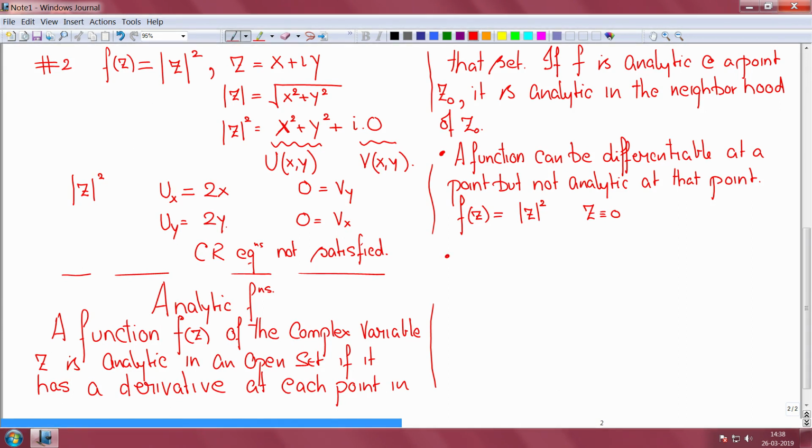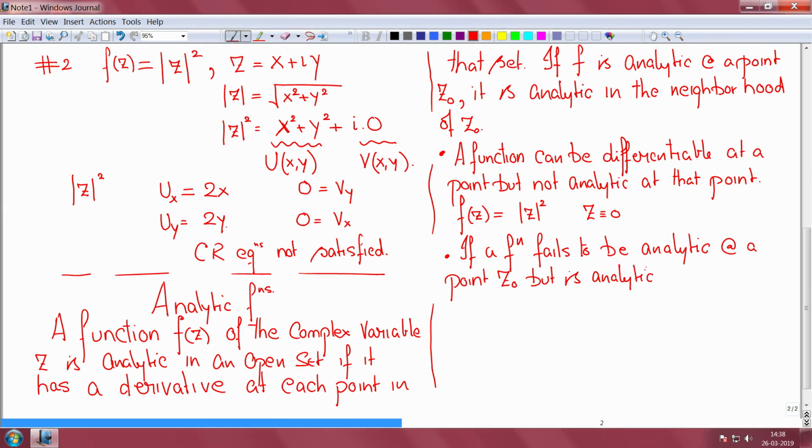The other case arises if a function fails to be analytic at a point z0, but is analytic in every neighborhood of z0.